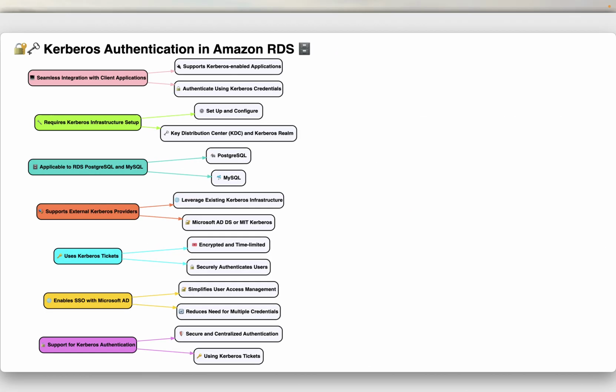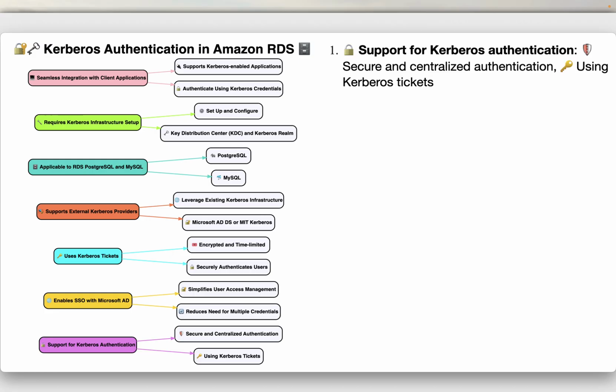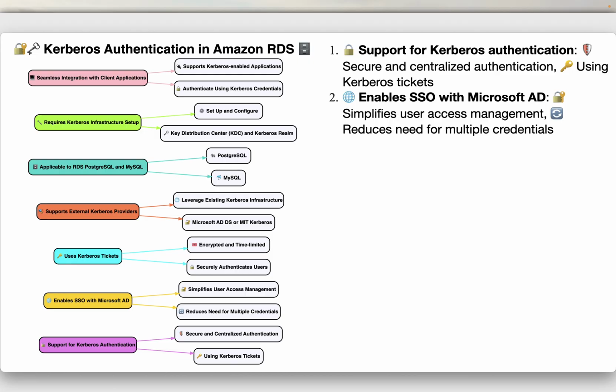Okay, next is Kerberos authentication in Amazon RDS. First, support for Kerberos authentication. Amazon RDS supports Kerberos authentication, allowing you to authenticate database users using Kerberos tickets, providing a secure and centralized authentication mechanism. Second, enables single sign-on with Microsoft AD.